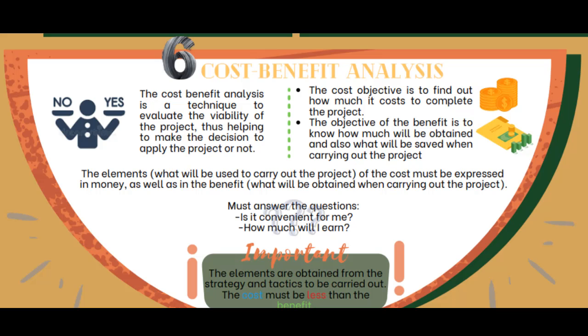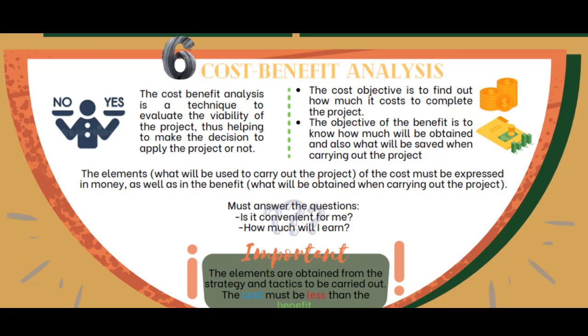Finally, the last step and section of the project is the cost-benefit analysis. The cost-benefit analysis is a technique to evaluate the viability of the project, thus helping to make the decision to apply the project or not. The objective of the cost is to find out how much it costs to realize the project.